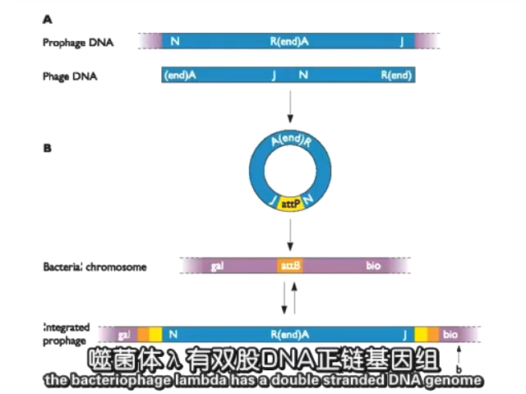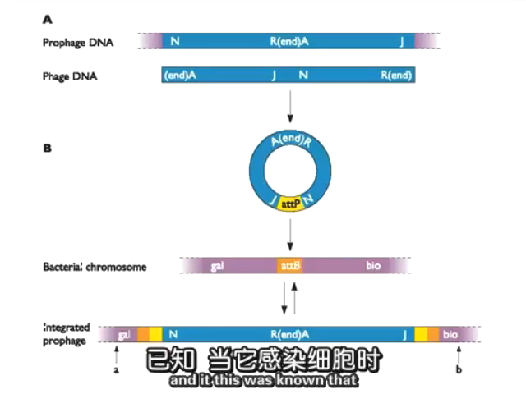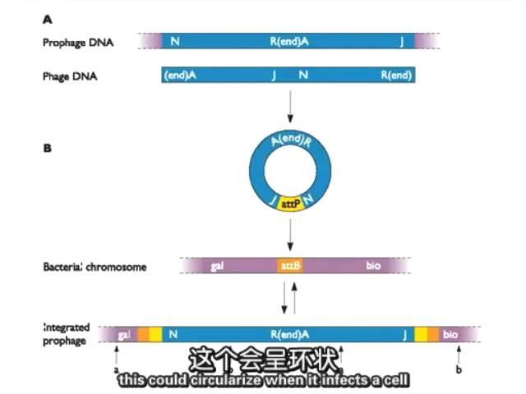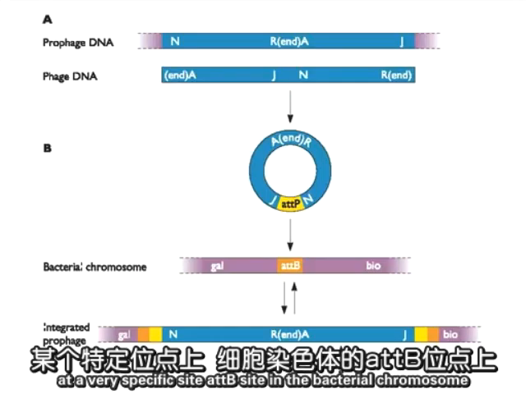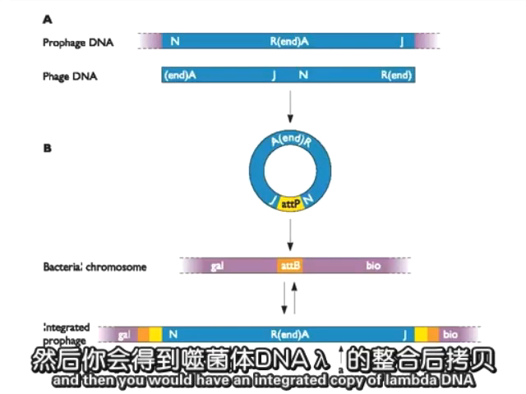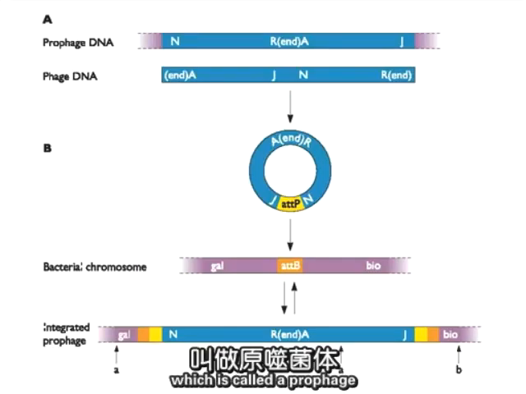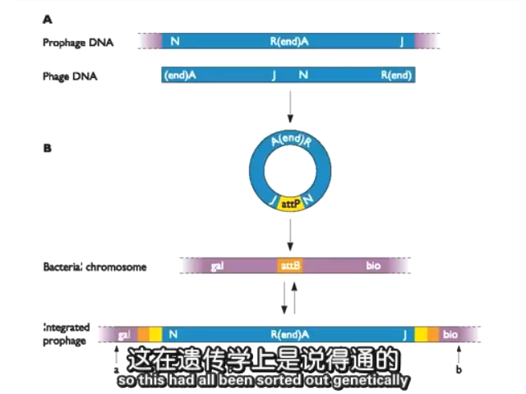The bacteriophage lambda has a double-stranded DNA genome, shown here, and it was known that this could circularize when it infects a cell, and then this circle could integrate into the bacterial chromosome at a very specific site, the att-B site in the bacterial chromosome, and then you would have an integrated copy of lambda DNA, which is called a prophage. So this had all been sorted out genetically.